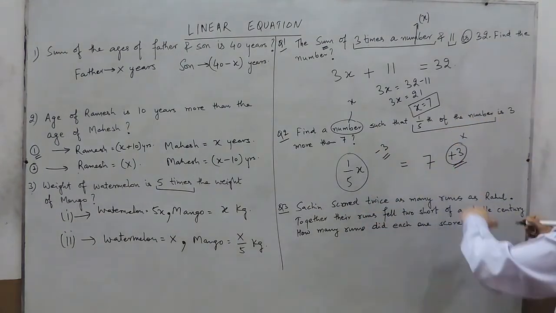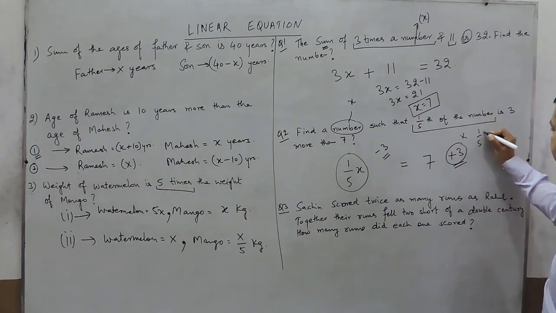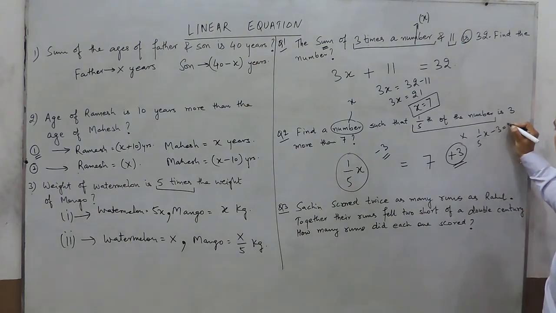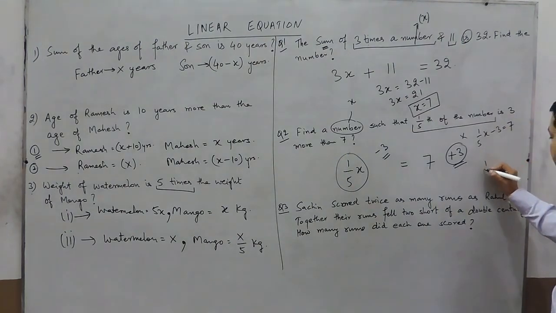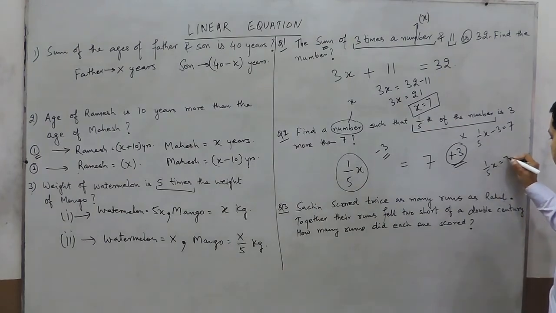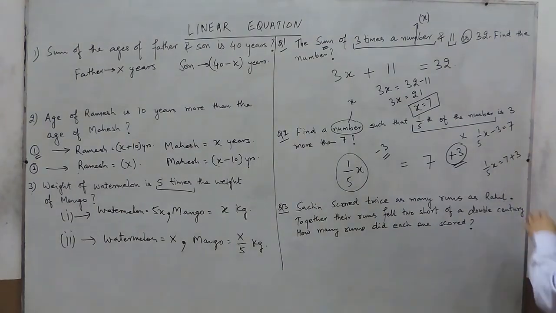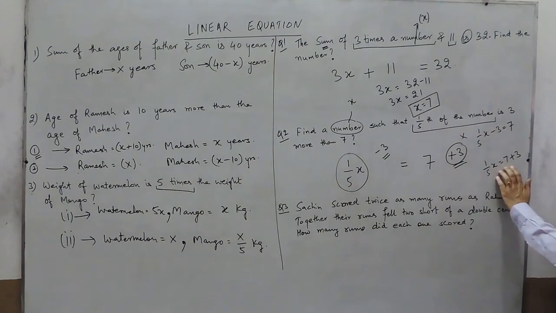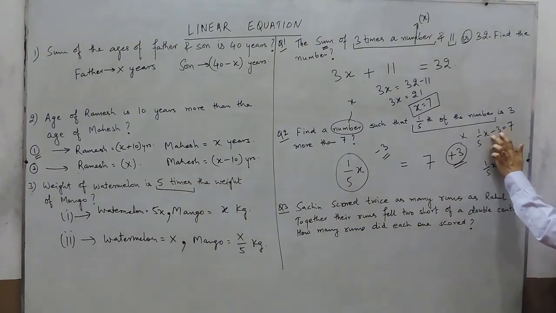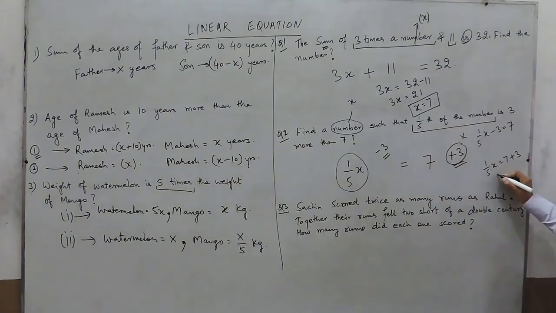So there are two ways of writing it. One is 1 by 5x minus 3 is equal to 7. And another way is 1 upon 5x is equal to 7 plus 3. Both are basically the same equation, because if we take this minus 3 on the right hand side, it becomes plus 3. So it is x upon 5 is equal to 10 and the value of x becomes 50.